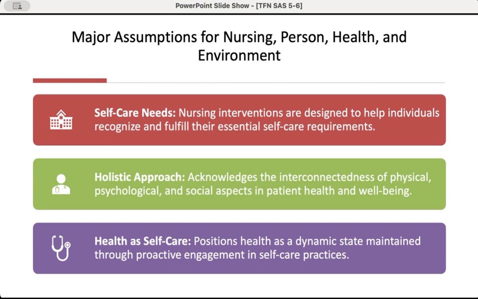You also have to involve the significant others, guys. What do I mean by that? Say, for example, you're going to care for a patient who is bedridden and doesn't know how to change his or her diaper because of body weakness. We have to consider the help of the significant others.